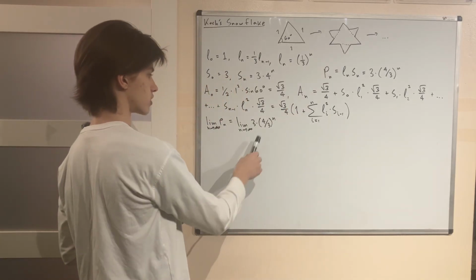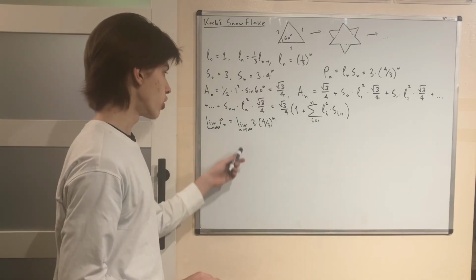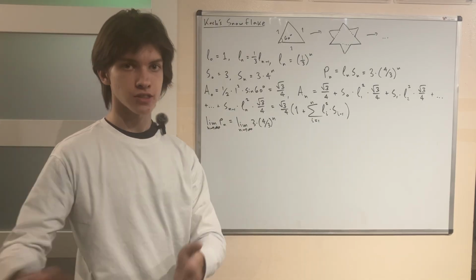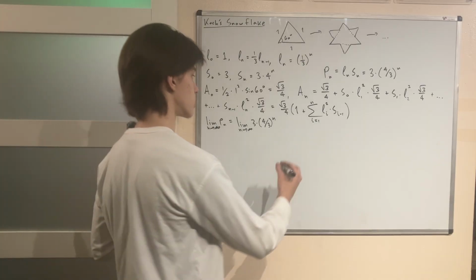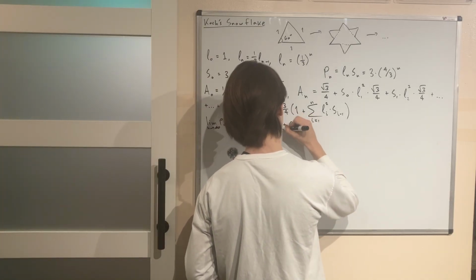And ignore the 3 here, the 4/3 to the n. 4/3 is greater than 1, and obviously if you keep raising something greater than 1 to a power indefinitely, it's going to grow without bounds. So this limit just diverges in the positive direction, like that.